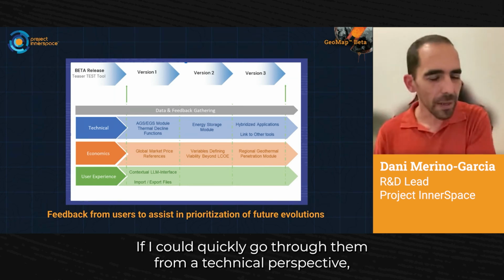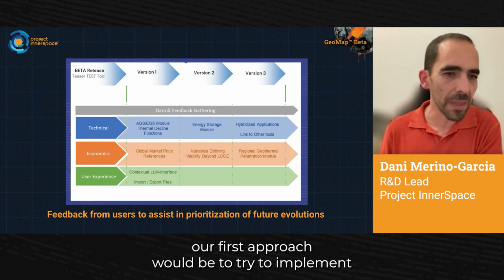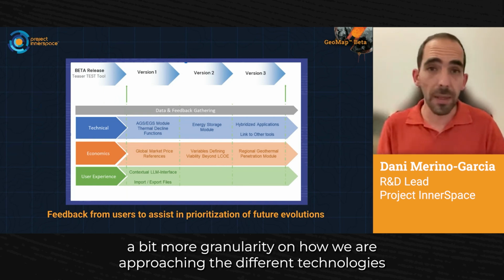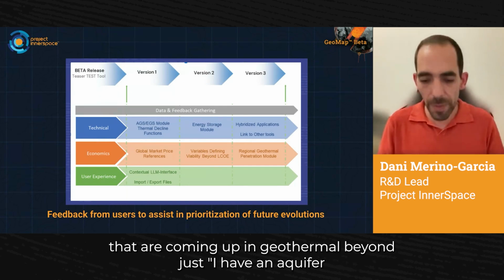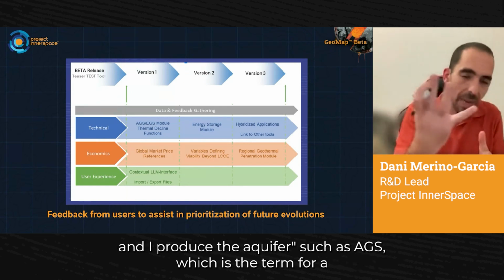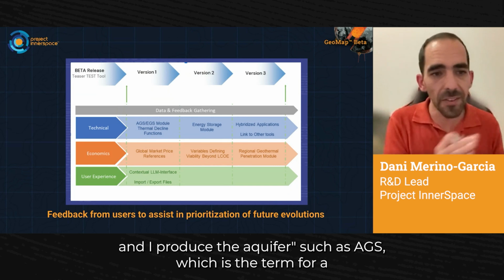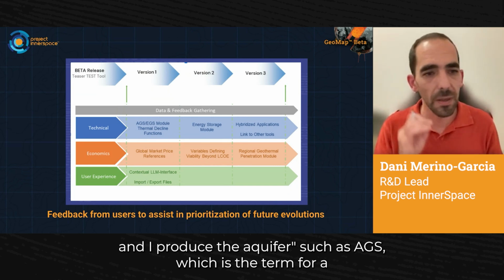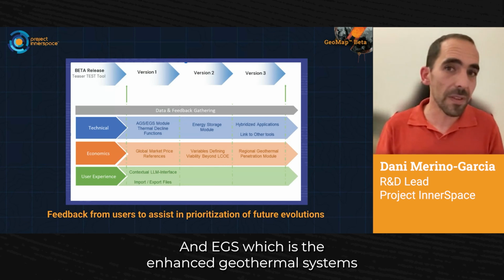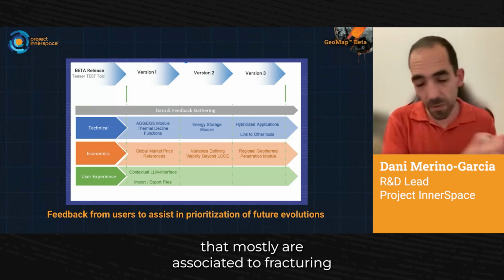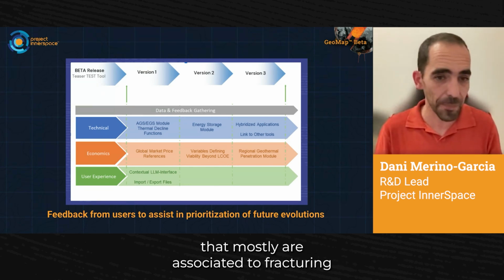If I quickly go through them from the technical perspective, our first approach would be to try to implement a bit more granularity on how we are approaching the different technologies that are coming up in geothermal beyond just, I have an aquifer and I produce the aquifer, such as AGS, which is the short term for advanced geothermal system, which are the closed loops, and EGS, which is the enhanced geothermal systems that mostly are associated to fracturing.